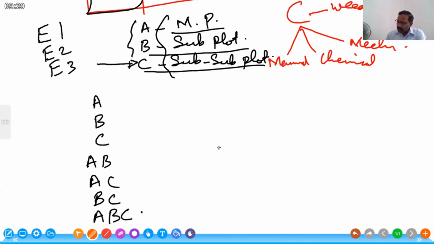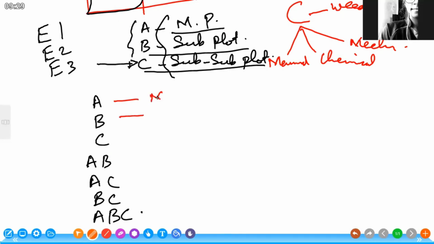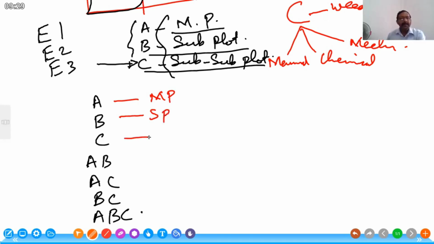What are the plot sizes? A, in the earlier example, is in the main plot or subplot? Main plot. What about B? Subplot. What about C? Subplot. Fill the rest. I will give you 30 seconds, fill the rest.